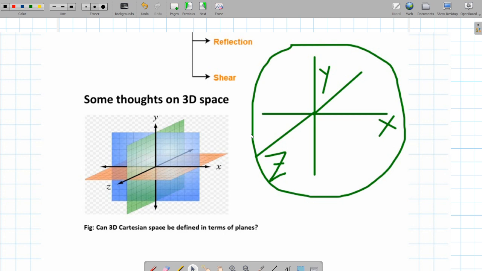Now, can you think of this three-dimensional space in terms of planes? Just give it some thought and try to figure it out. We were able to define our screen, this white screen, in terms of the x and y axes.